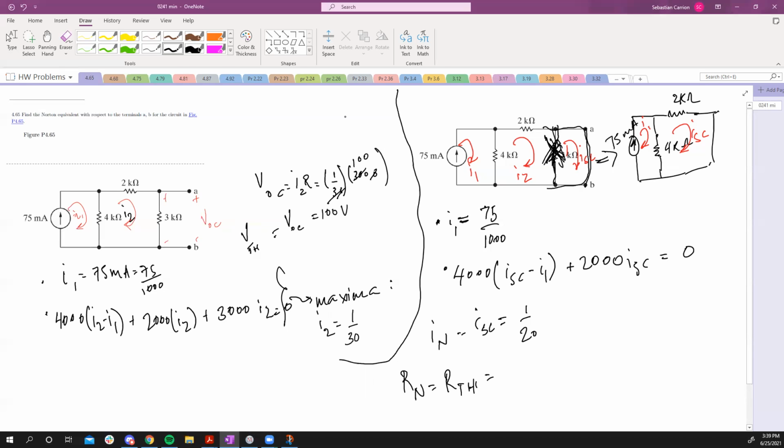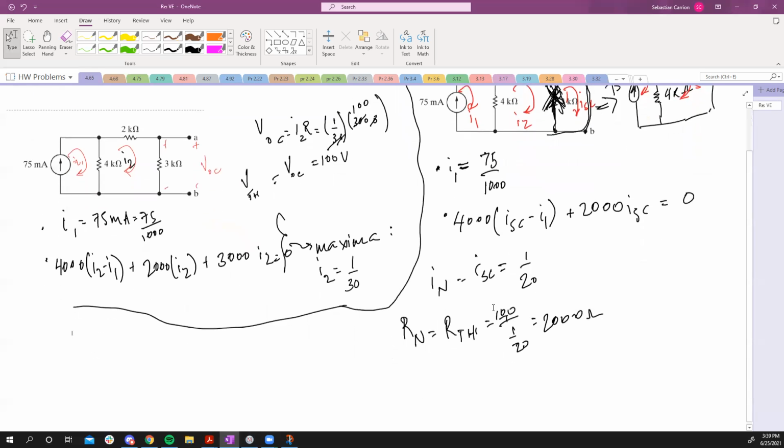By Ohm's law, V equals IR, so R is equal to V over I. So we can say 100 times 20, 2,000 ohms.